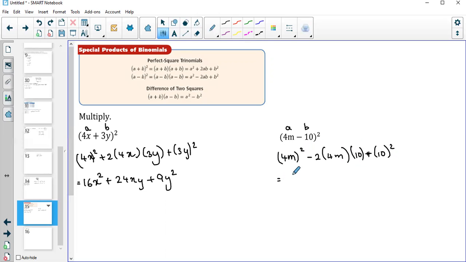So 4 square is going to be 16, then m squared is n square, minus, multiply the numbers, 2 4s are 8, 8 10s are 80, and then only we have an m here because there is no number, no variable here. Then 10 square is going to be 100. So this is going to be your answer for this question.